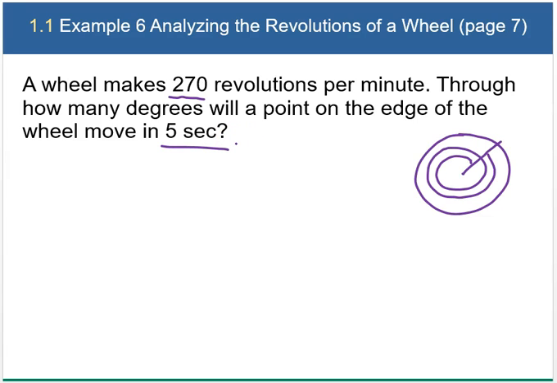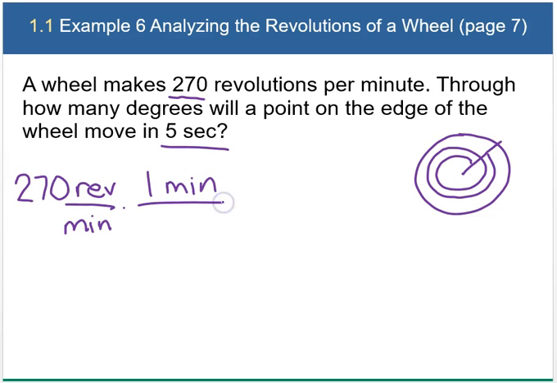So we're going to take the 270 revolutions per minute. First, we're going to change this to revolutions per second. There's 1 minute in 60 seconds, so that conversion gives us 4.5 revolutions per second.